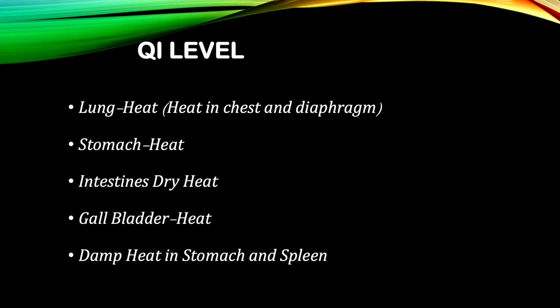Chi level. We have lung heat, heat in the chest and diaphragm, stomach heat, intestines dry heat, gallbladder heat, damp heat in the stomach and spleen.